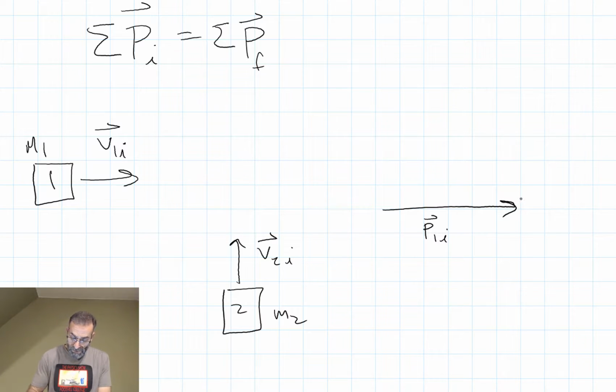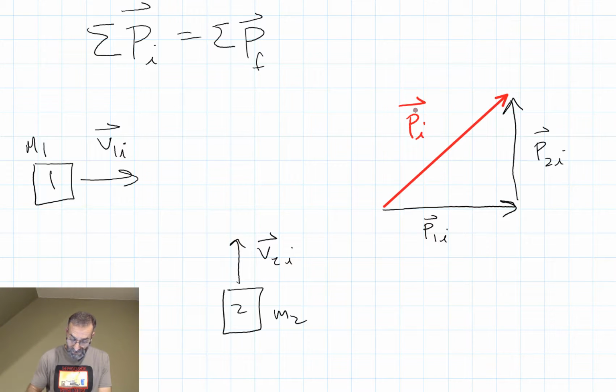We have a momentum from object 2 that points in this direction. We add them up to get the red vector here, the sum of the two, and that's the initial momentum of our system of two masses. So after they collide and stick together, they have to have the same momentum they had initially, so the two have to go off in that direction.